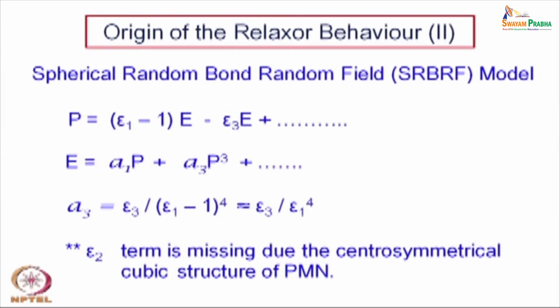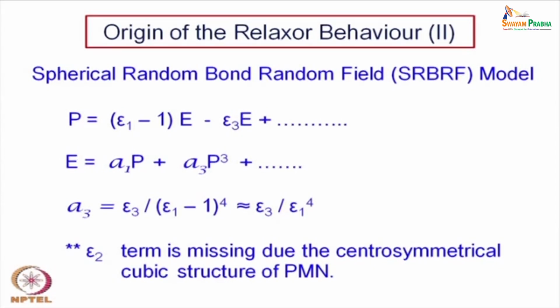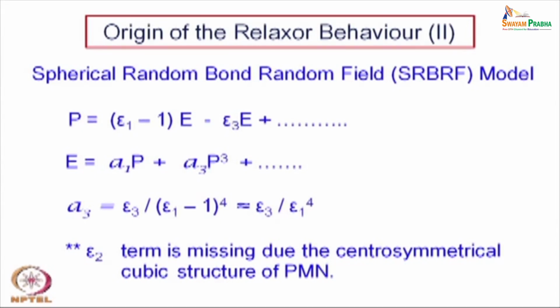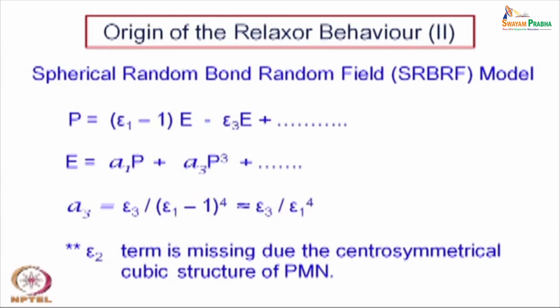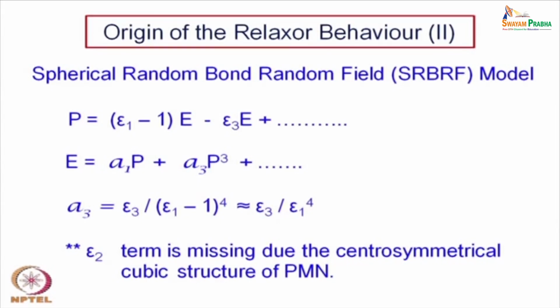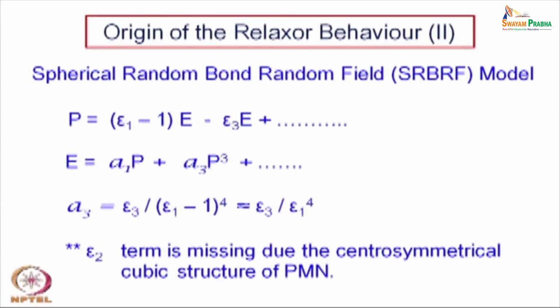Now, it says that, as I have just mentioned, we have variations in the domain structure, and the characteristics of each of these domains are different. Not only is their size very small, but each one of them has a different relaxation time. So, the polarization can be expressed as a polynomial in the electric field E, with epsilon 1 minus 1, minus epsilon 3, E and so on.